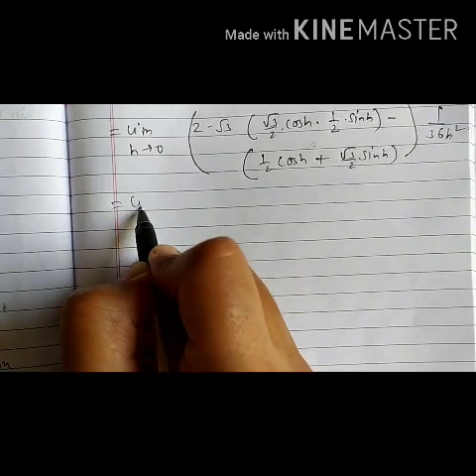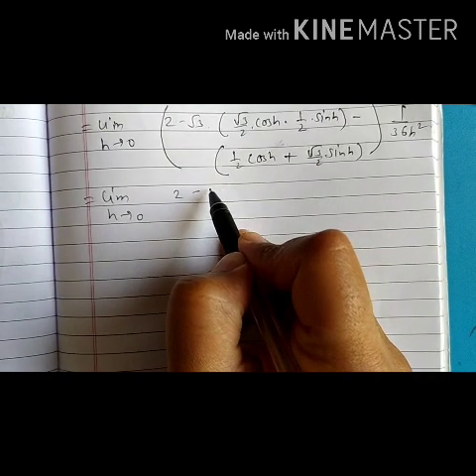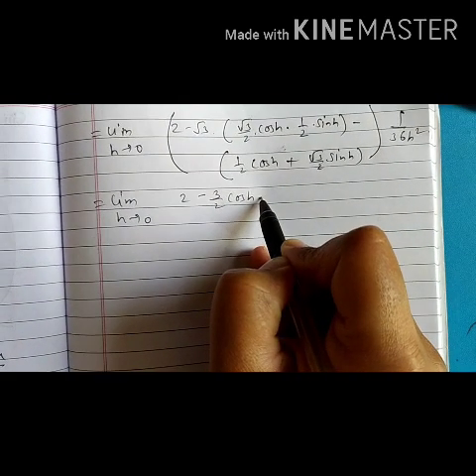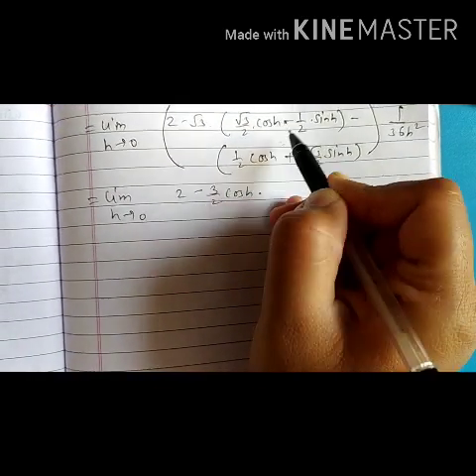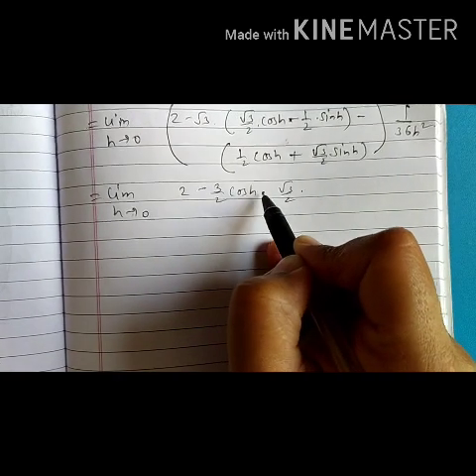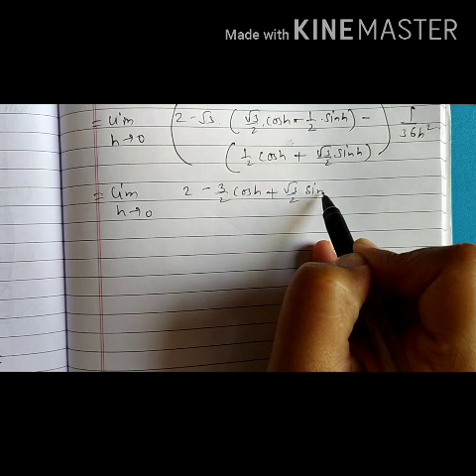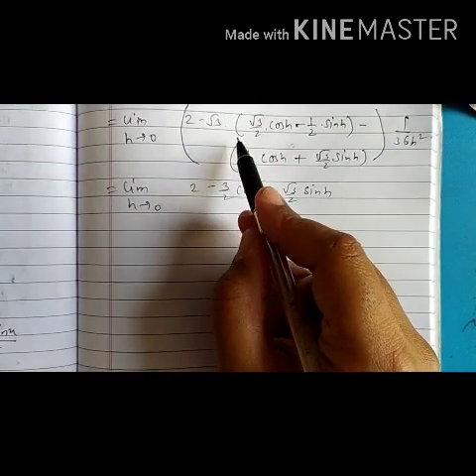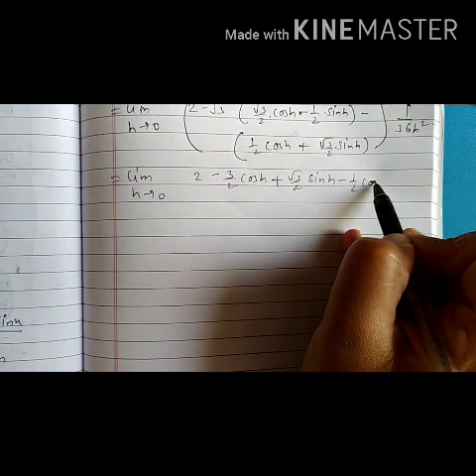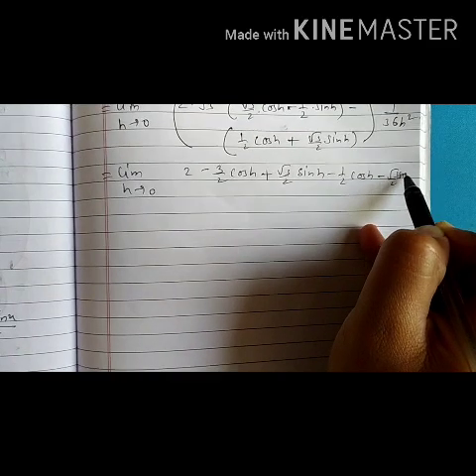Now after simplification, 2 minus 3 by 2 cos h, here minus sign is there, minus minus plus root 3 by 2 sin h, okay, now root 3 we have multiplied here, minus 1 by 2 cos h minus root 3 by 2 sin h.